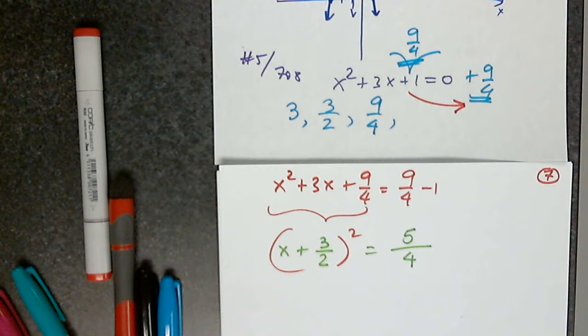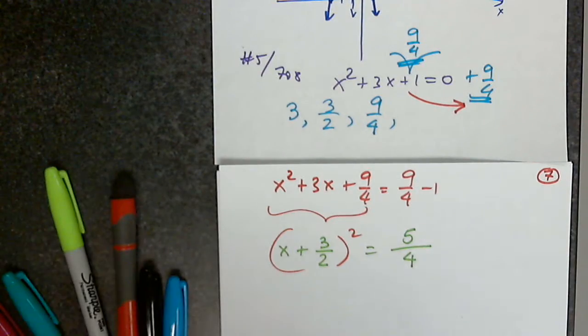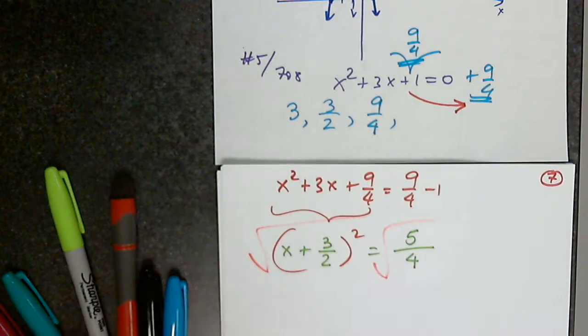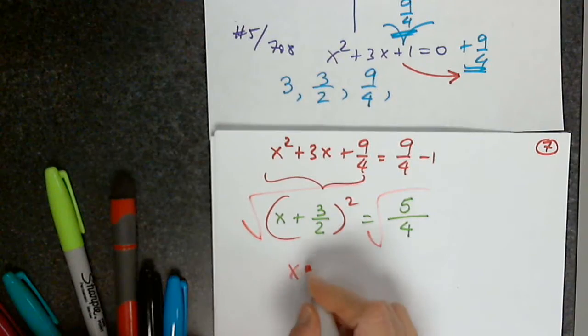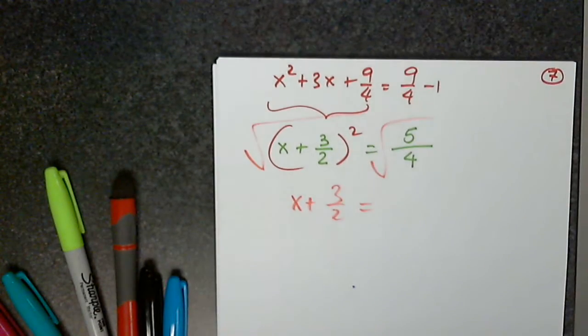But I have another method that allows me to finish it up, or helps me finish it up. And the method is called? Right. So I take the square root from both sides. The left-hand side should be the absolute value of x plus 3 halves. But that's okay because I know what to do instead of that.